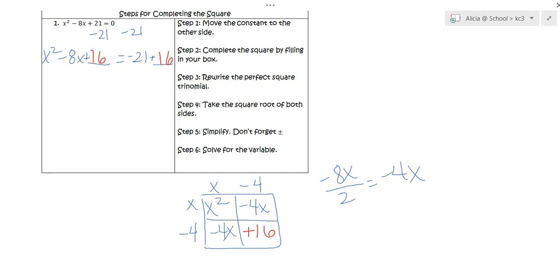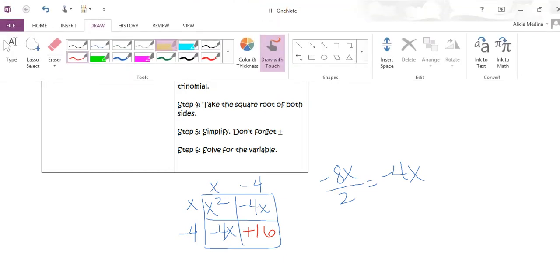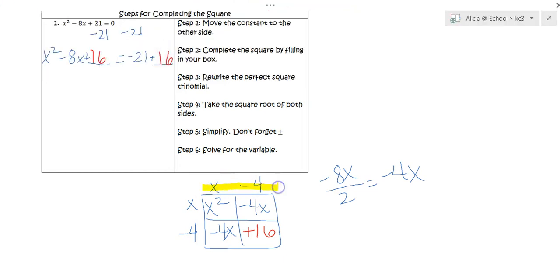Step 3 says rewrite the perfect square trinomial. So one thing to remember, if you have a highlighter or something, whatever you have here on the sides is that perfect square trinomial, okay?